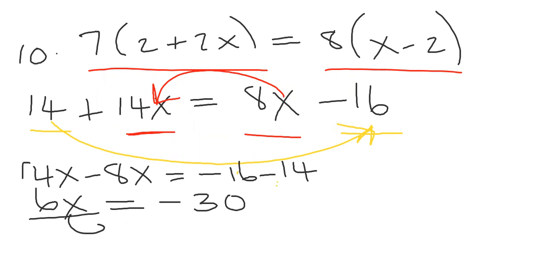Divide everything by 6. The same thing happens. The numerator and the denominator are the same, so they cancel out. So we are left with x is equal to negative 30 divided by 6. Negative 30 divided by 6 gives us a negative 5.